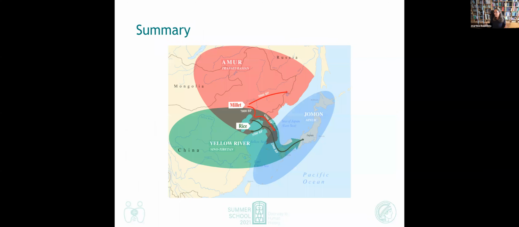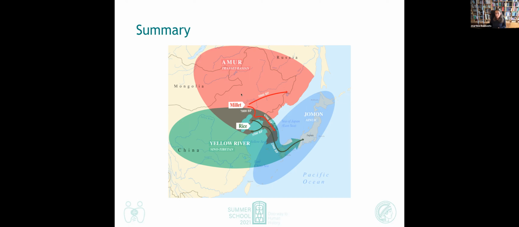So just in a summary, we think that the origins of the Trans-Eurasian languages go back to the beginnings of millet agriculture in Northeast Asia and to the early days of the Amur gene pool.